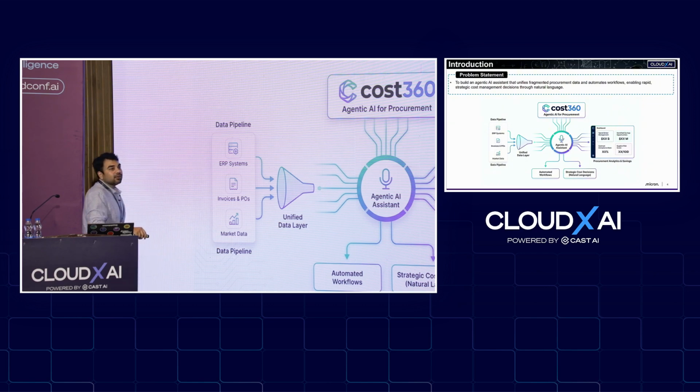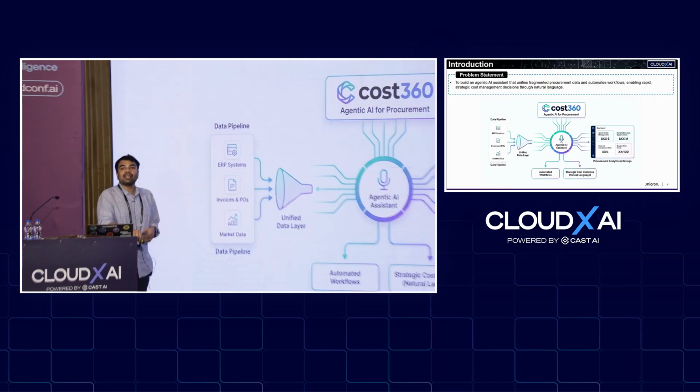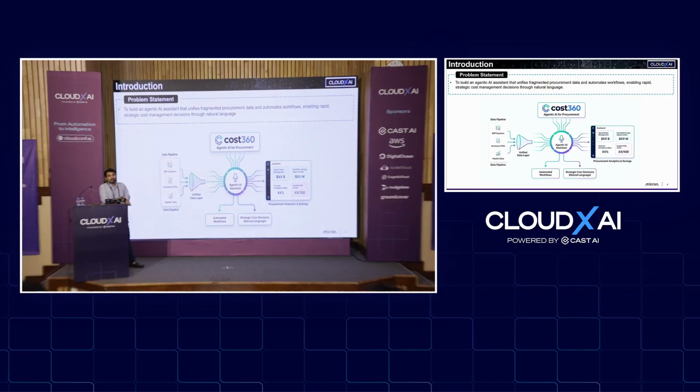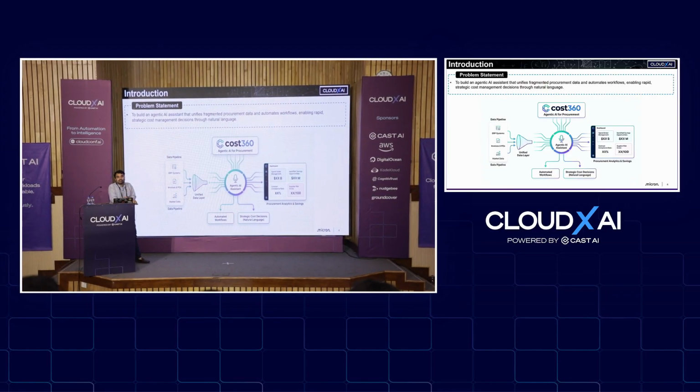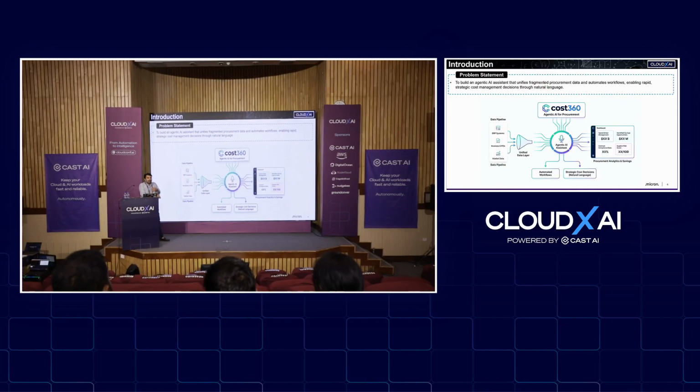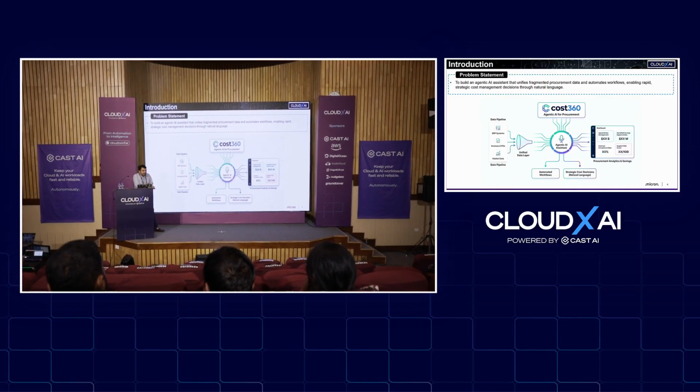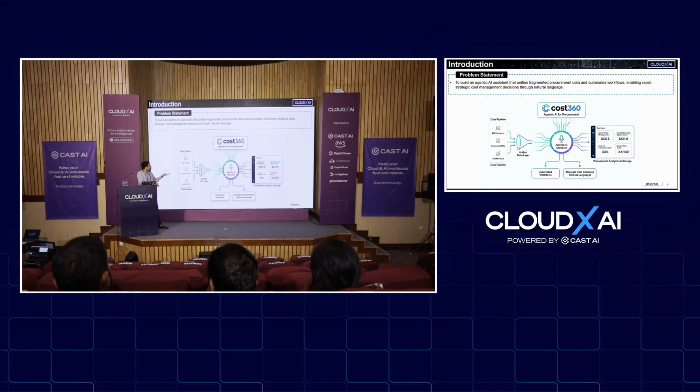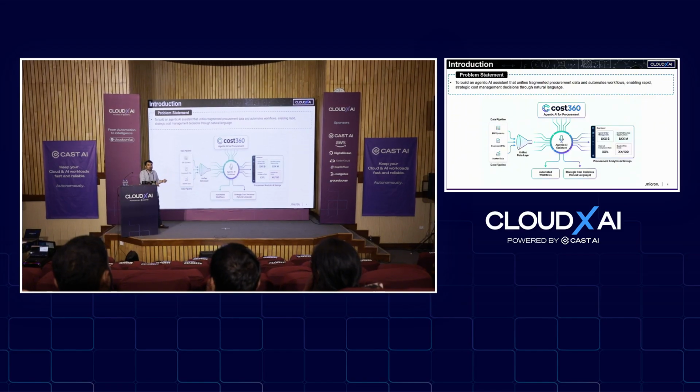And when I say ERP, it's not just one SAP database. When I say billions of dollars, you can think there will be thousands of people managing that spend, correct? There will be hundreds or thousands of suppliers giving you the raw materials, and one person cannot manage this many suppliers.